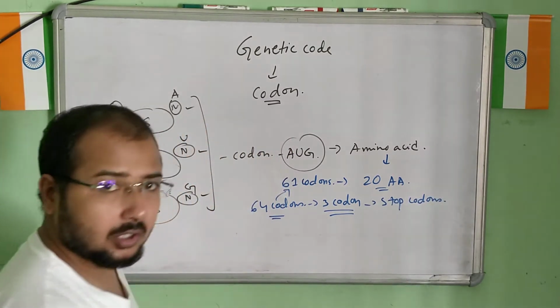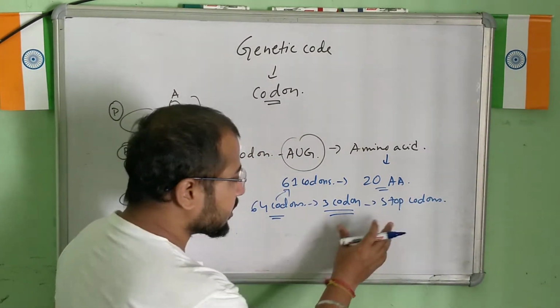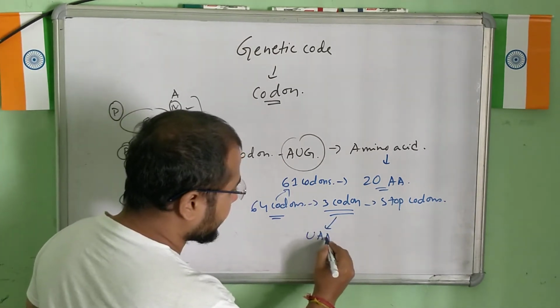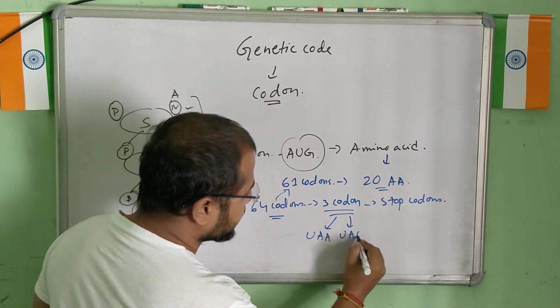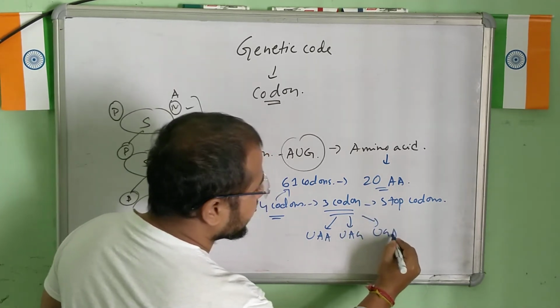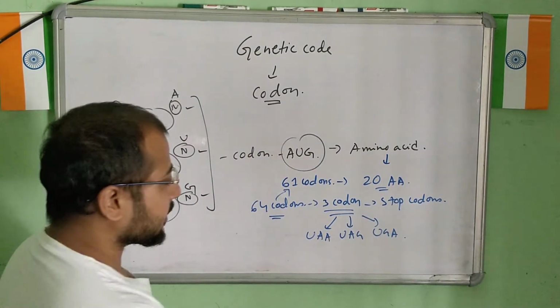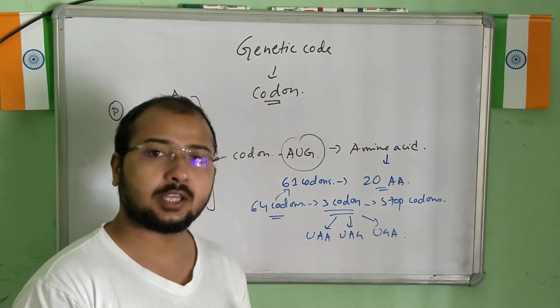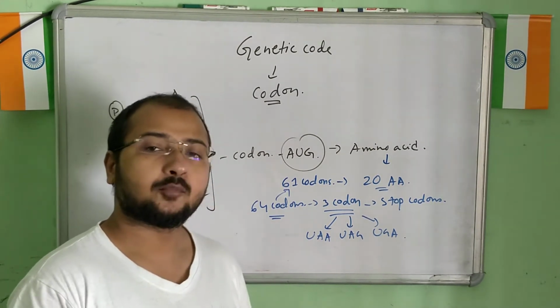Which codons are these? One is UAA, one is UAG, another is UGA. These don't code for any amino acid, so they don't have any role to play in the protein synthesis.